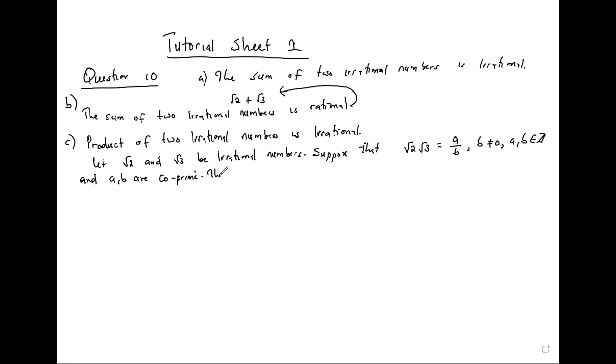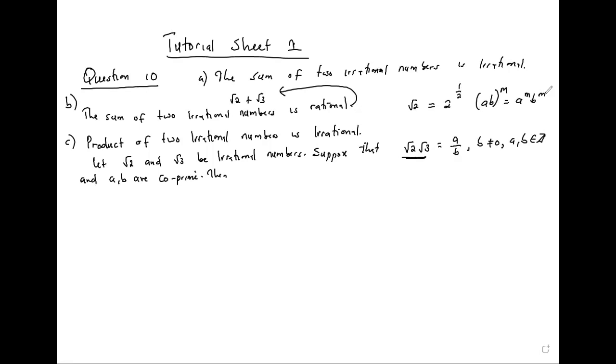Then we'll have what we have. If you're multiplying like this, remember, root 2 is the same as 2 to the power half. And if you have ab to the power m, it's the same as a to the power m and b to the power m.